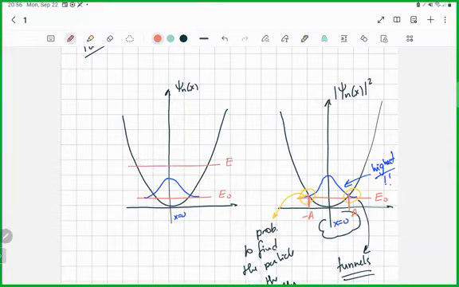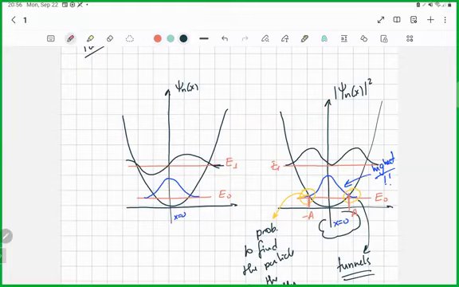Let me make one more plot. For the first excited state, the plot is something like this. And if I make this plot for the probability, we see that now we have these two oscillations. If you go higher and higher, you will see more and more oscillations showing up.